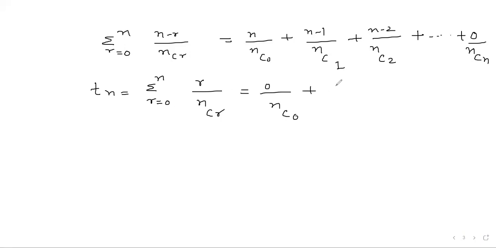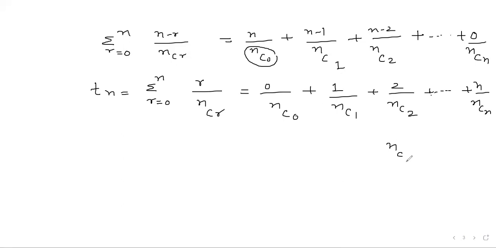Then plus r = 1 divided by nC1. Then next will be r = 2, 2 divided by nC2. Similarly, n divided by nCn. But nC0 is the same as nCn and nC(n-1) is the same as nC1.